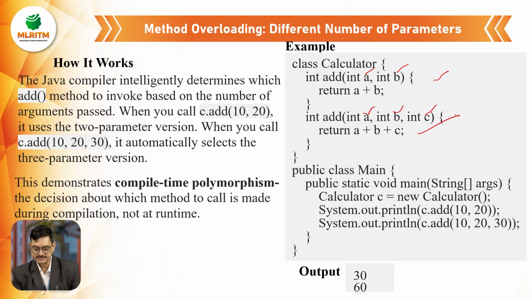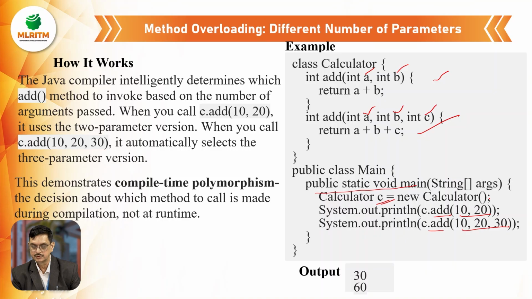Okay, so in the main method, under the public static void main, we are first creating an object C for the class Calculator. Then we are invoking the C dot add method. We have only one object, but this time we provided the add method with two arguments. In the second condition, we are using the same object, the same method, but three arguments.